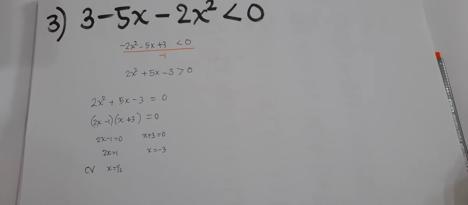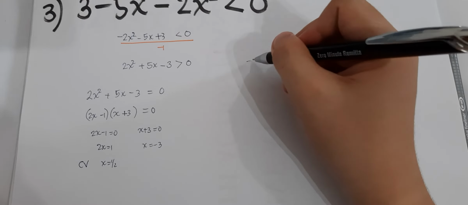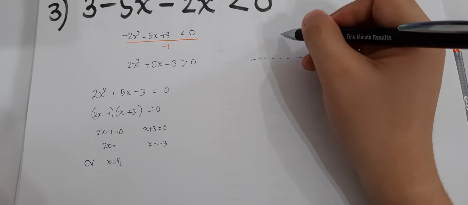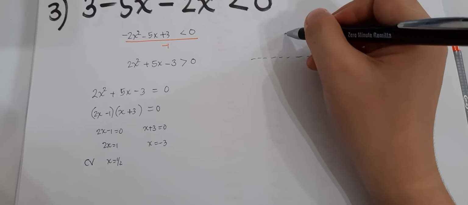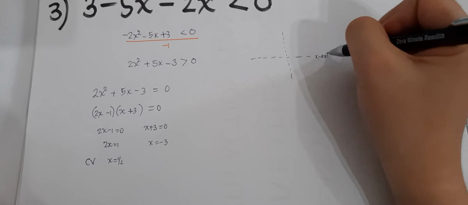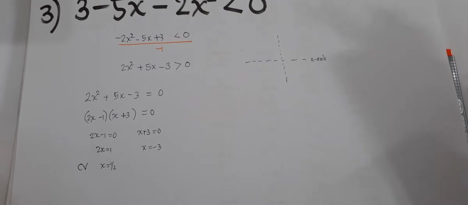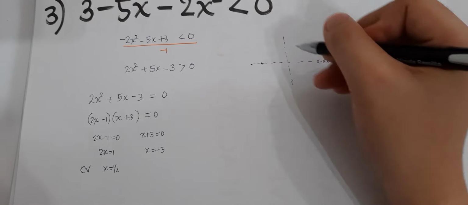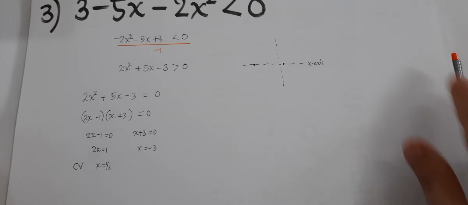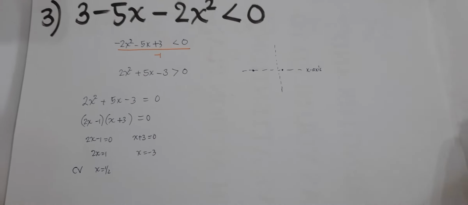So again, I will draw a Cartesian plane. Example, this is my x-axis, and here is minus 3, and 1/2 will be here. All I need to do now is, for my new inequality, A is positive, so opening upward.